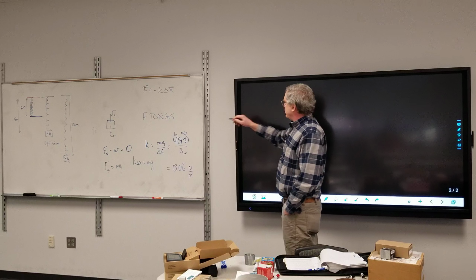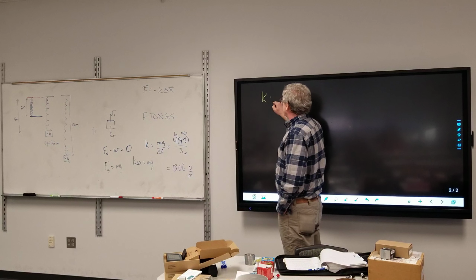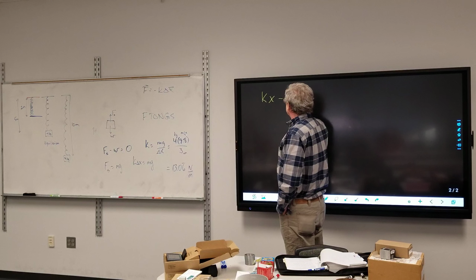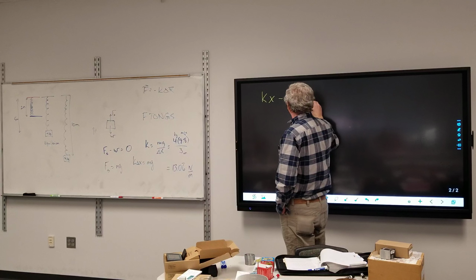So looking at the third situation there, I have kx. I'm just going to drop down to x instead of delta x, minus mg equals ma.